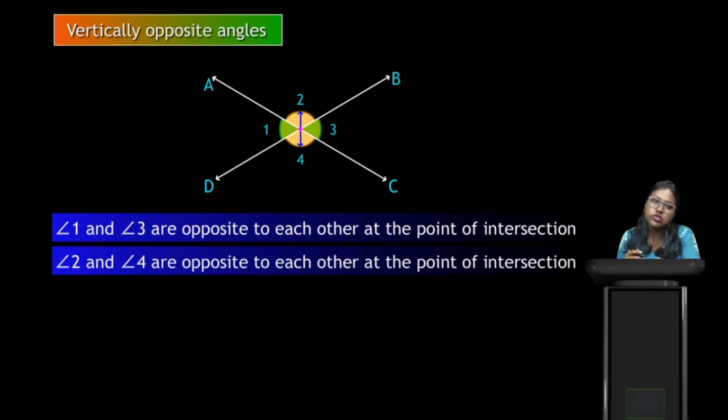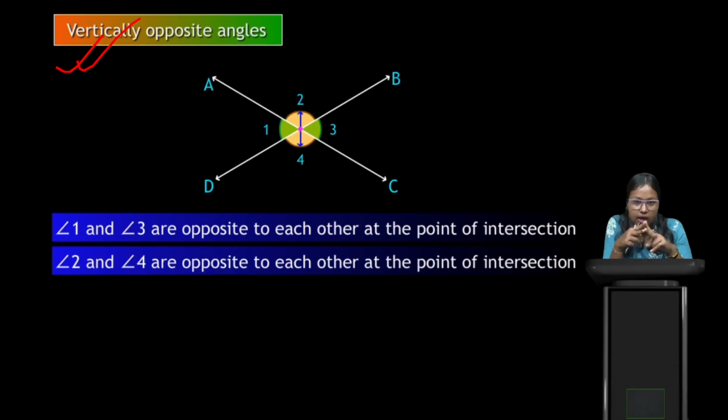Now, these angles which are exactly opposite to each other are called vertically opposite angles. I hope it is clear now. So when adjacent angles sum together to 180 degrees and form a straight line, it is called a linear pair. When two angles are opposite to each other at the point of intersection, those angles are called vertically opposite angles.